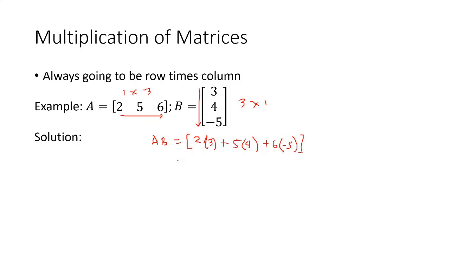So simplify this. We have 6 plus 20 minus 30. So the answer for this is 6 plus 20 is 26, minus 30 is negative 4.